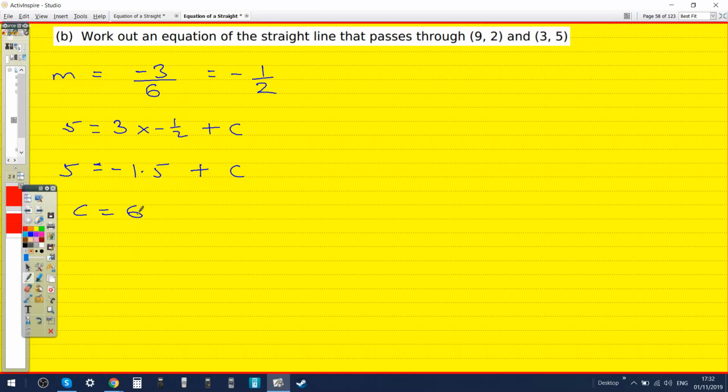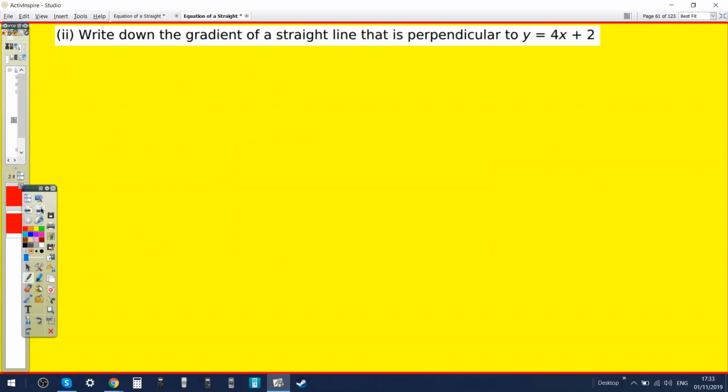C equals 6.5, and then you have to rewrite it, so y equals minus a half x plus 6.5.